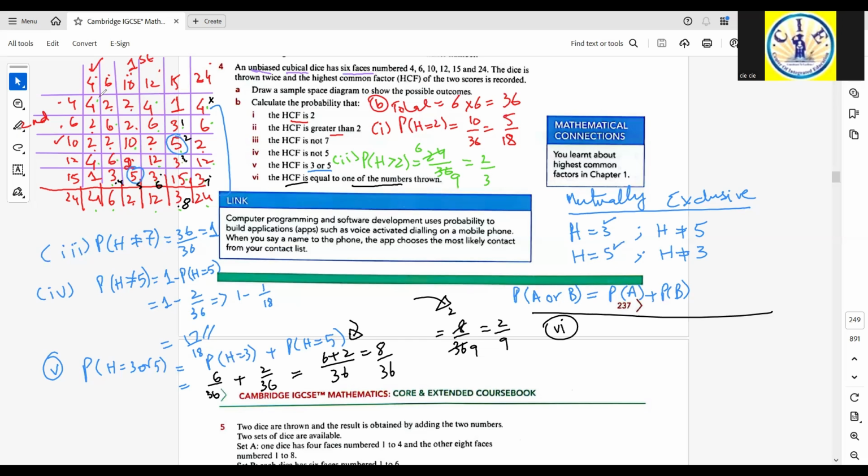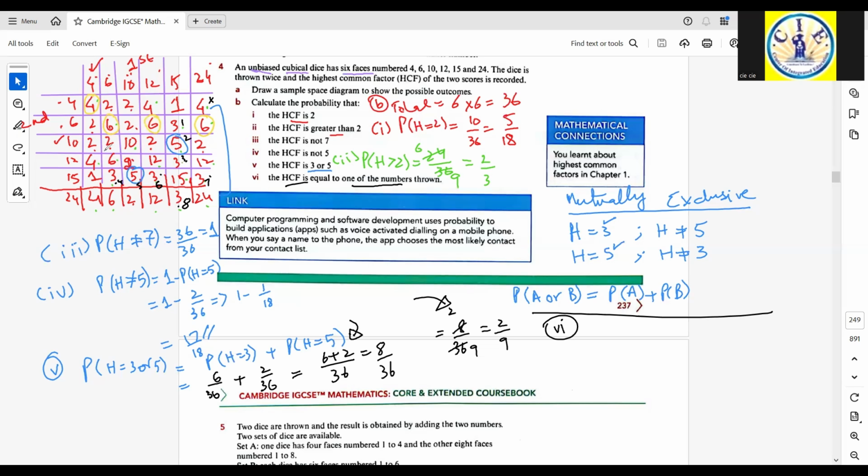Okay, 4 and 6, we have recorded 4, one of the numbers. Then 6 and 4, 6 and 6, then 6 and 10, 6 and 12, 6 and 15, 6 and 24.